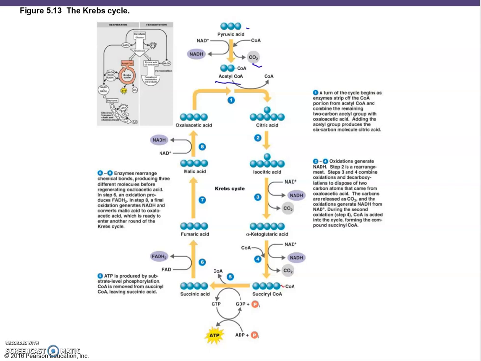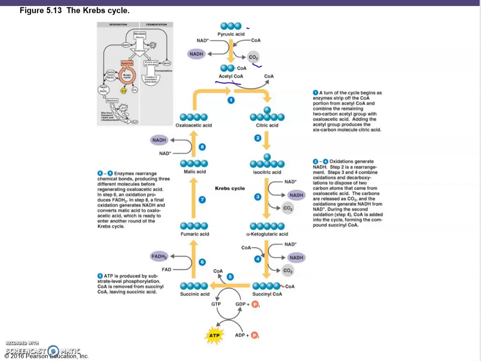And acetyl-CoA, as a 2-carbon compound, will actually bind to oxaloacetic acid, this 4-carbon compound. So you can count the carbons, 1, 2, 3, 4, plus these 2 carbons from the acetyl-CoA will make our first intermediate in the Krebs cycle, and that is called citric acid. So some people also call the Krebs cycle the citric acid cycle because that's the first intermediate.